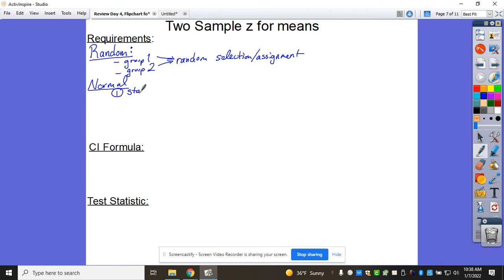Stated population distribution is approximately normal. I want to write this exactly the way I wrote it yesterday, because if we're essentially doing complete memorization, I want to write it the exact same way. It's just easier on you since it's all the same.